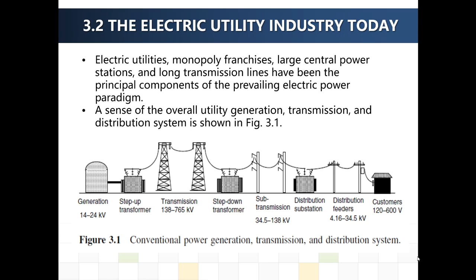On power poles or concrete pad-mounted boxes, transformers again drop the voltage to levels suitable for residential, commercial, and industrial uses. The voltage mainly is in the range of 120 volts to 600 volts.